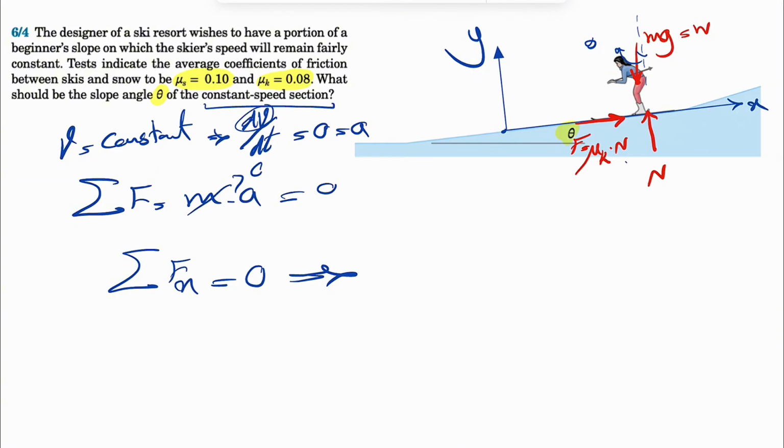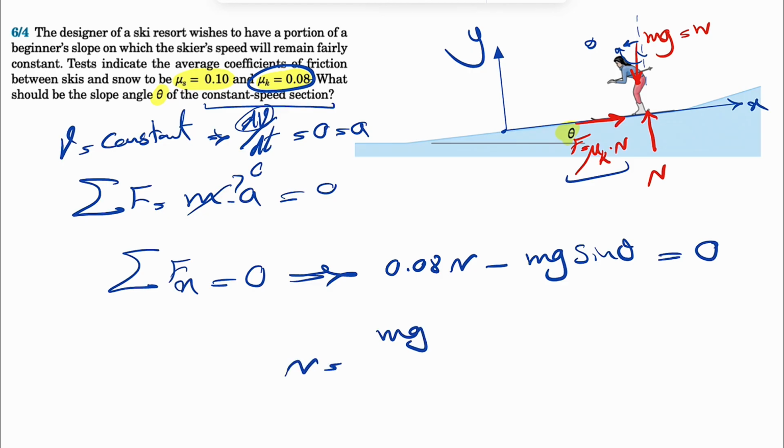We have the friction in the positive direction, mu k times n, which is 0.08 times n, minus the x component of the weight, which will be mg sine of theta. That's everything for the x. So we can find the n based on the angle theta and 0.08. That's our normal force.